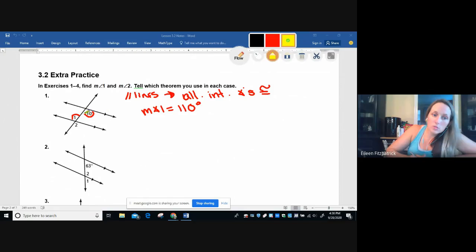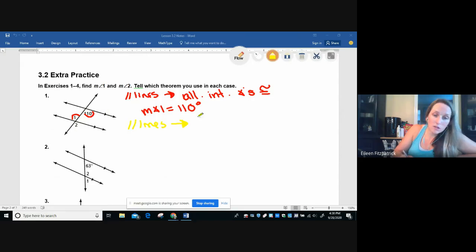Now, what's the relationship between angle 1 and angle 2? Classify them based on where they're located. They are corresponding angles. So you'd say parallel lines implies corresponding angles are congruent, because I know the lines are parallel.